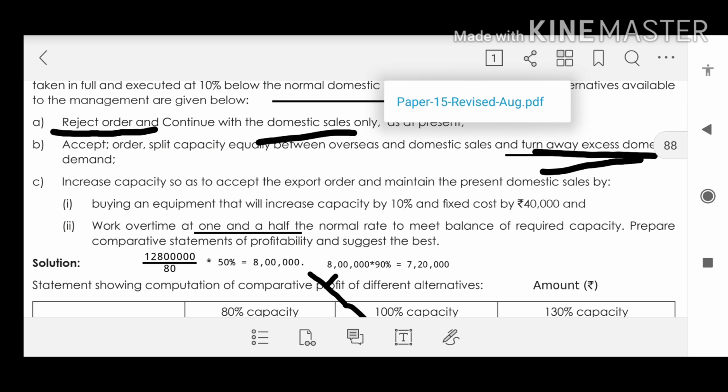For increasing this capacity, we need work overtime at 1.5 the normal rate to bring the capacity to 130%. And let's see how we have to work out the profit.